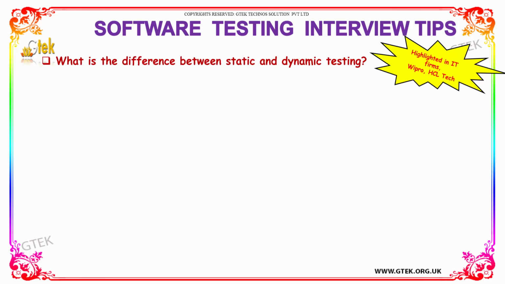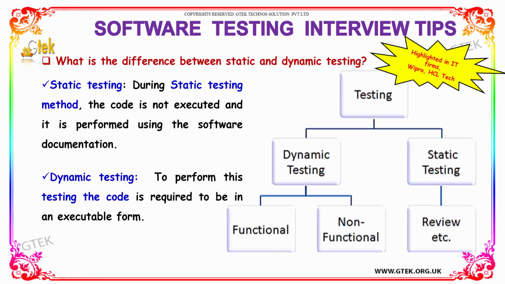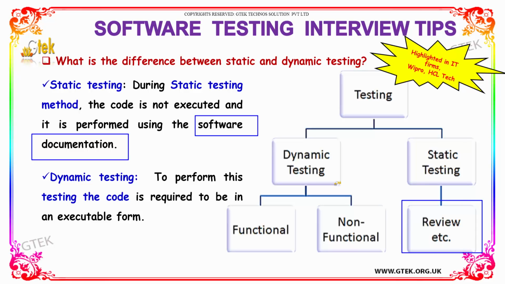Our next question is, what is the difference between static and dynamic testing? In static testing, the code is not executed and it is performed using software documentation. So you will be doing review and documentation in static testing.